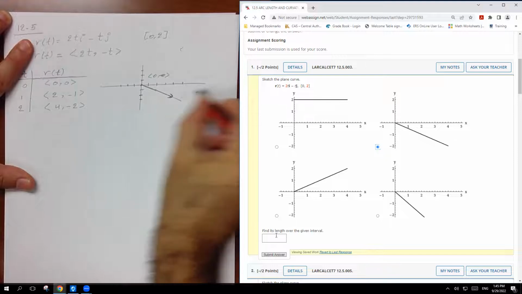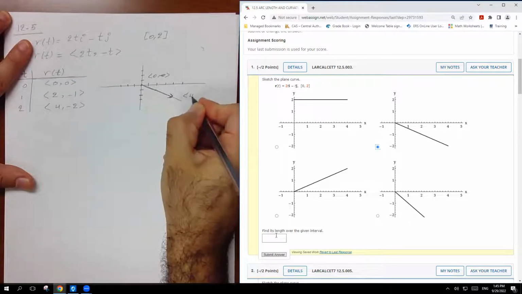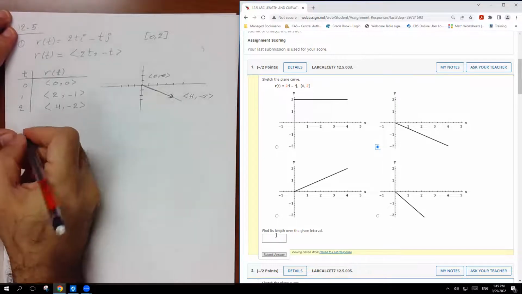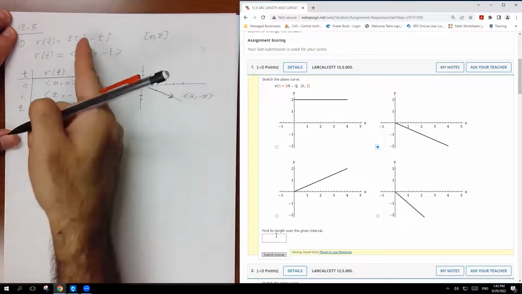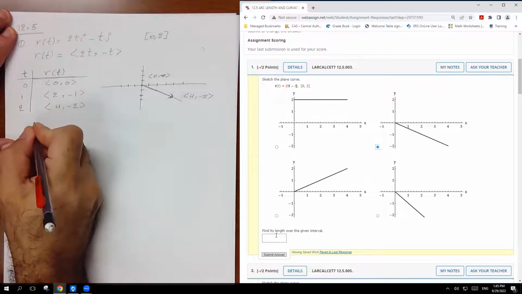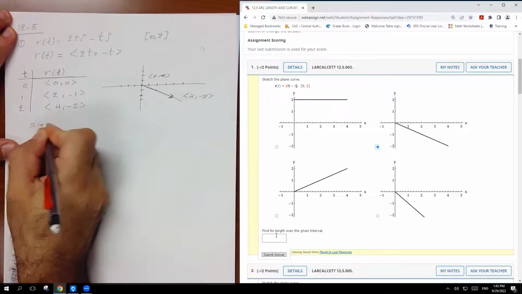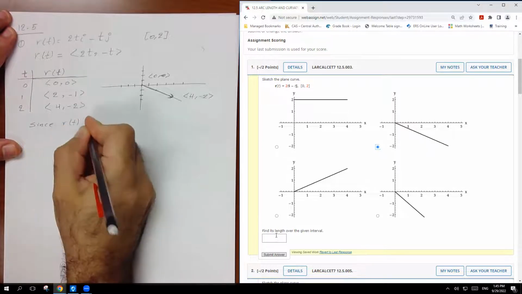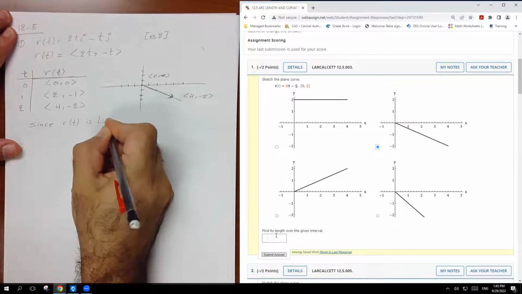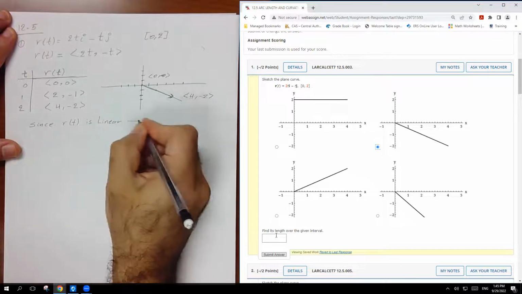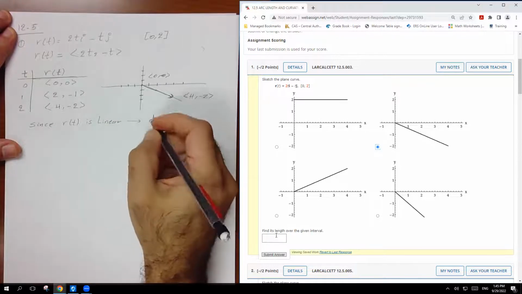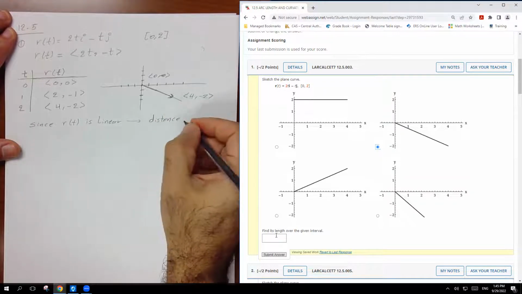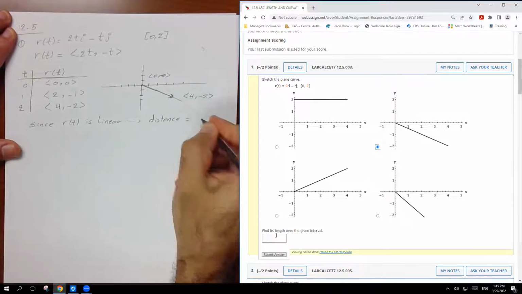Since it's a straight line, which is linear, we can use the distance formula. Since r of t is linear, that means we can use the distance formula, which gives the length.